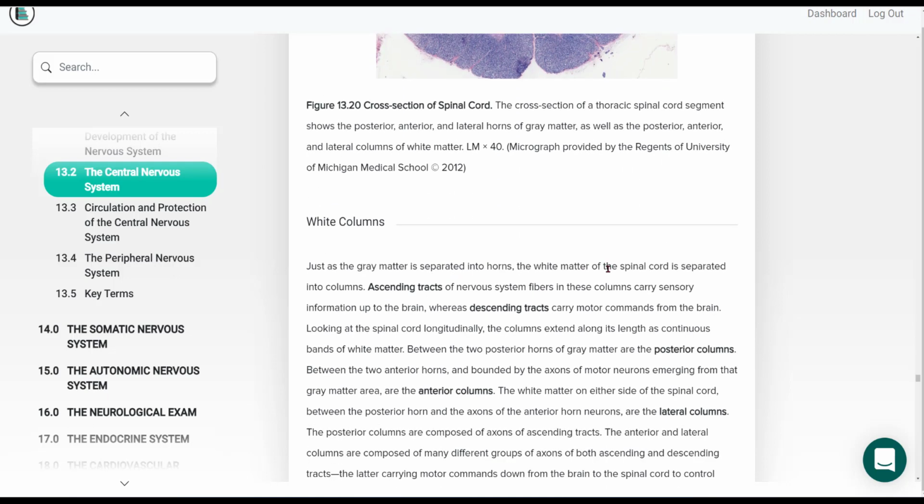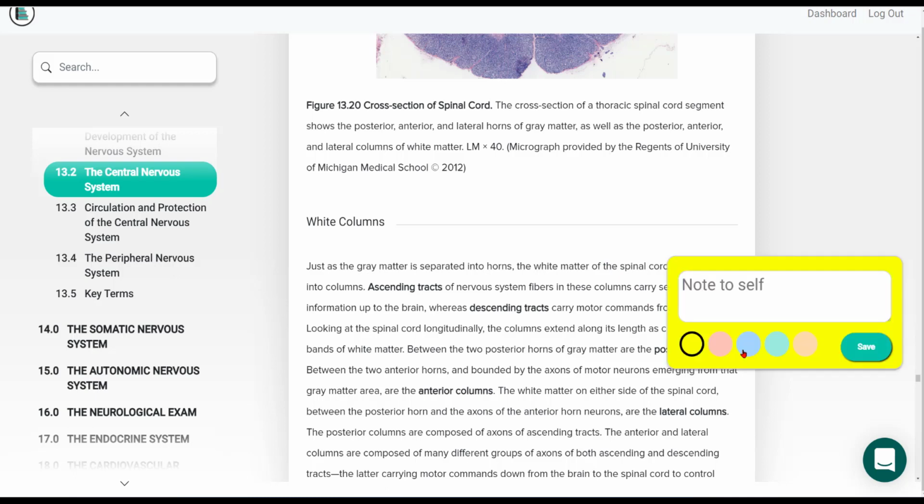The columns are also referred to as funiculi. Each one is a funiculus or many funiculi. Okay, and so this is just another name for the columns, and you'll see this word in various places, including, I believe, the Green Lab Manual.